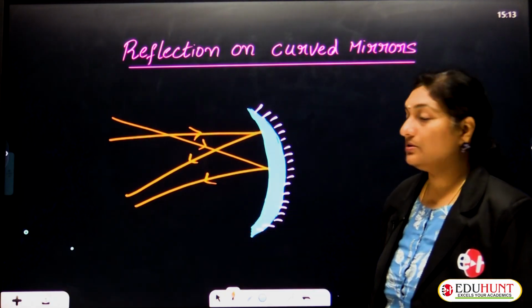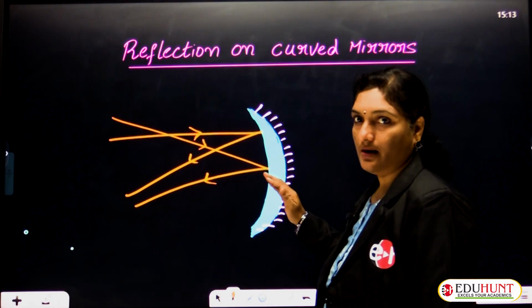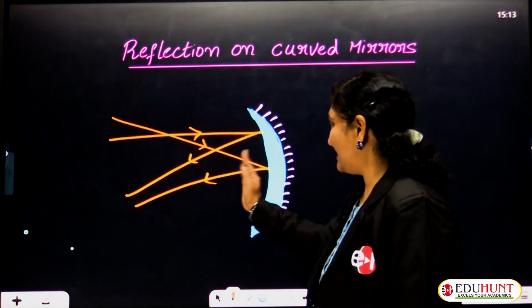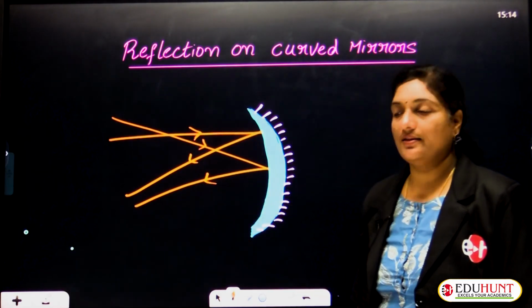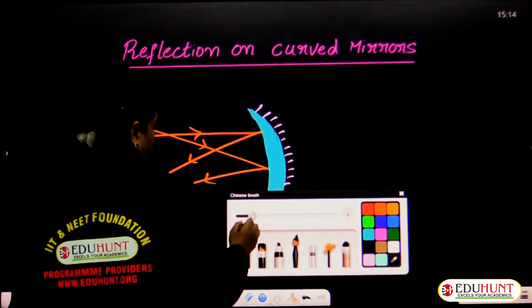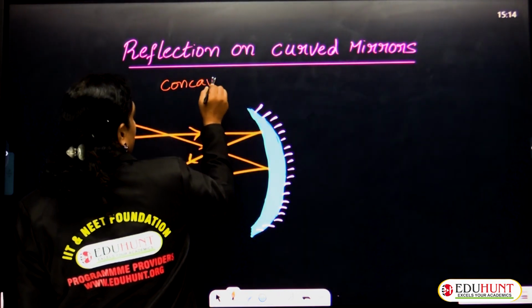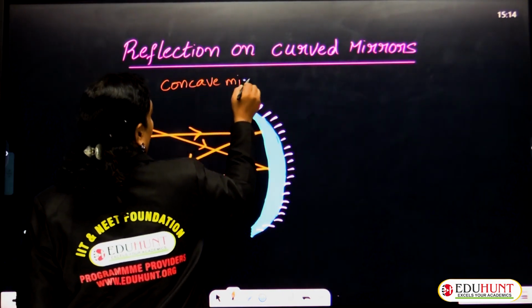So, this portion which is silvered outside and hollow, reflecting the light rays falling on it, that type of mirror is named as your concave mirror. What is that named as, children?